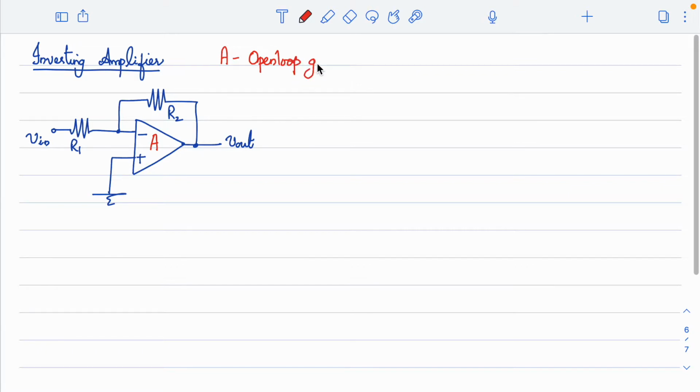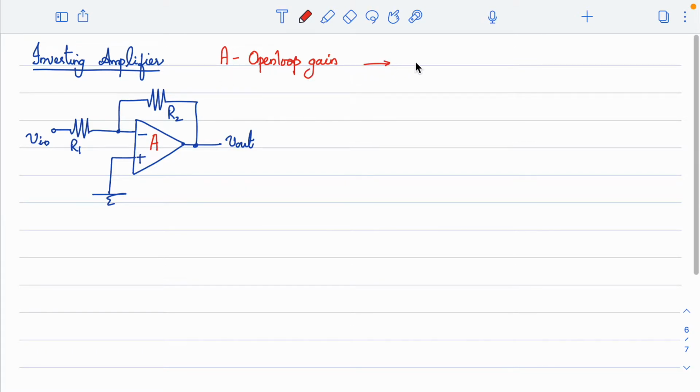One thing you can notice is you have an op amp here, and A is the open loop gain. But especially when you see this as an inverting amplifier, the circuit is not in open loop. We actually have a resistor connected from output back to input. So if you look at the circuit as a whole, it is not in open loop, but whatever we have marked as A is the open loop gain of the op amp.